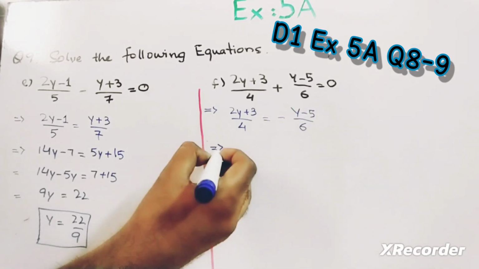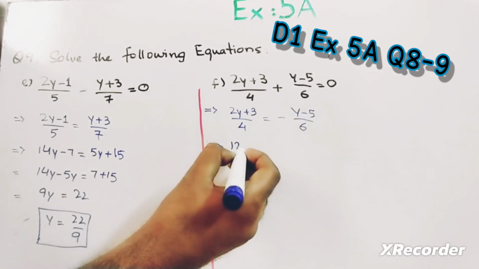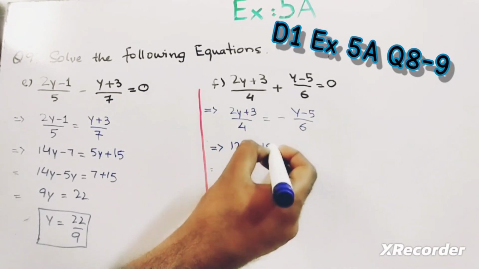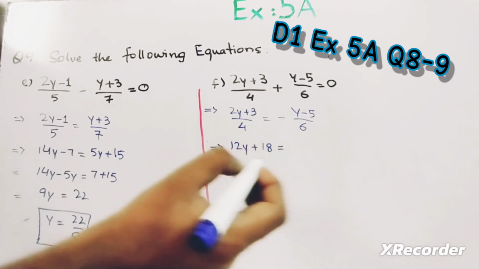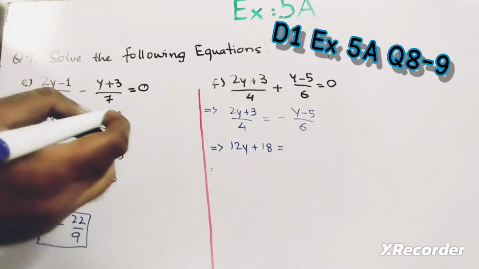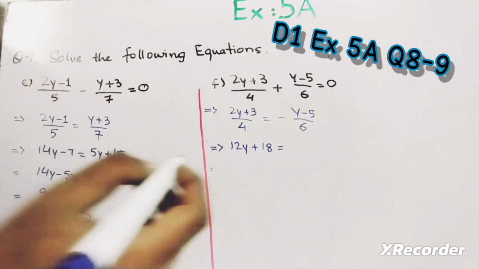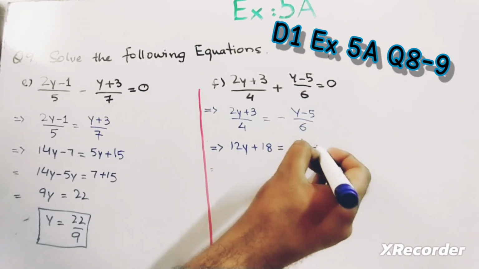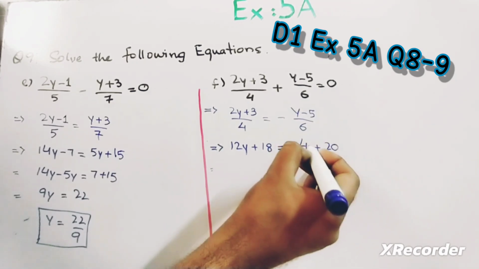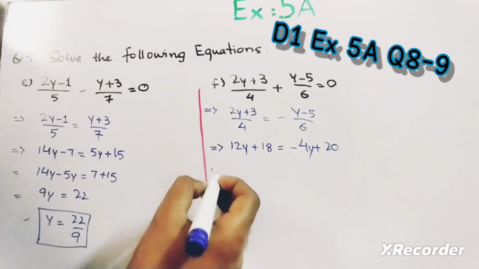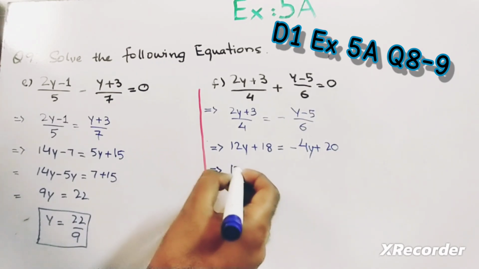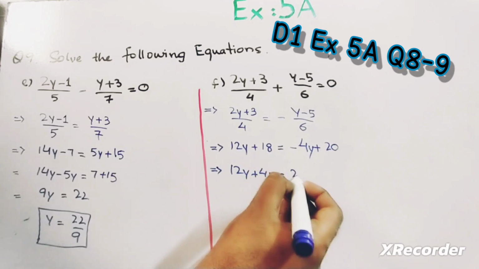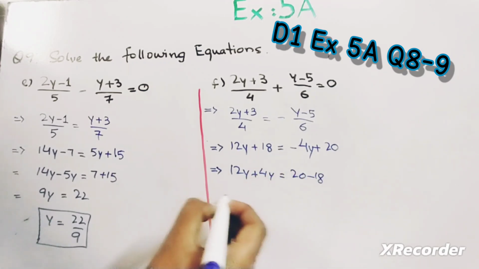By cross multiplying, what we get is 12y plus 18 is equal to minus 4y plus 20. Now by rearranging, we get 12y plus 4y is equal to 20 minus 18.